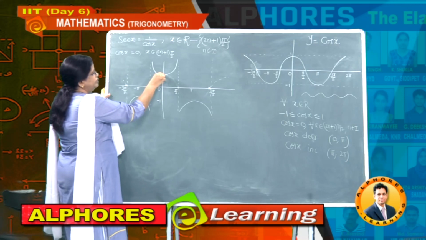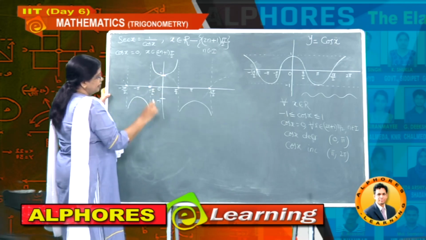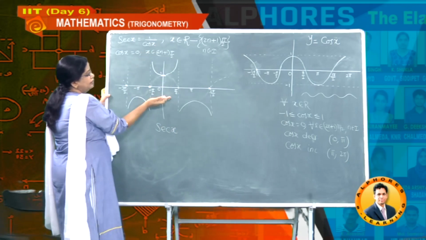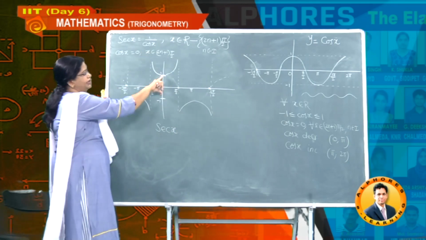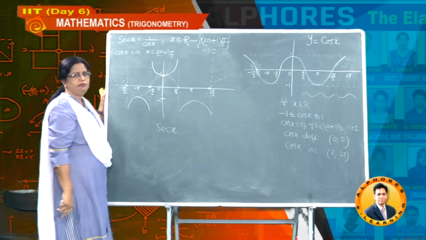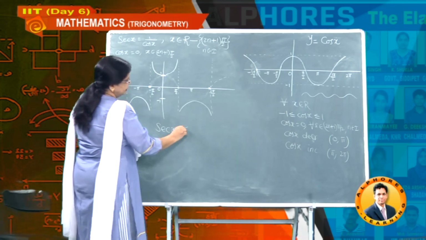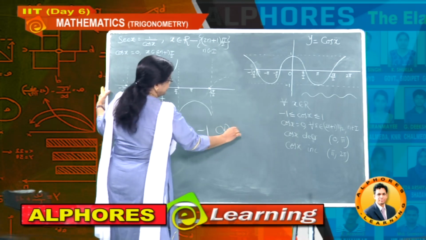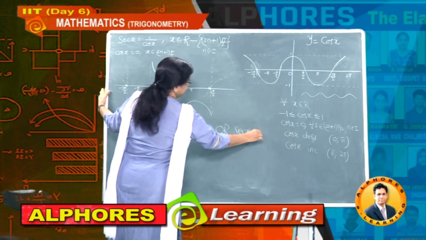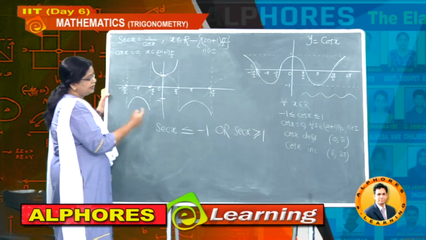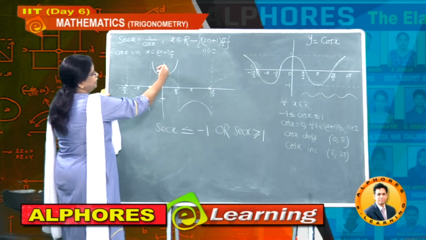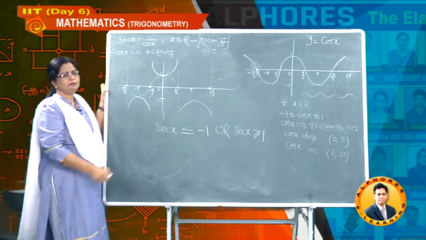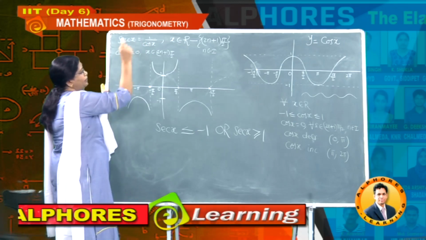And here, how is the secant function taking values? Secant function also, you observe, it is above +1 and below -1, but it is not taking any value in between -1 and +1. So secant x is less than or equal to -1, or secant x is greater than or equal to +1, understand? Exactly -1 means if I put x value as pi, cos pi is -1.